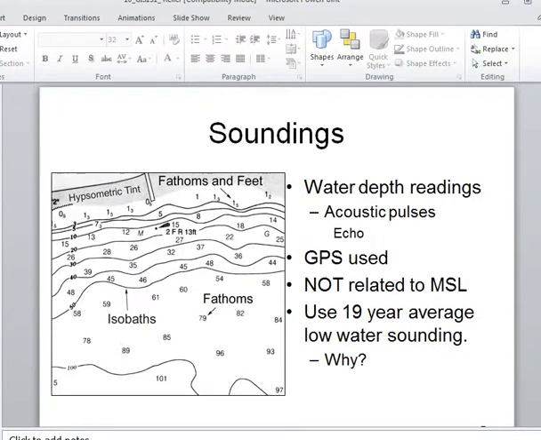So if I go back, this line is an isobath, and in theory, if I were able to walk along this line, I would be at a constant 50 fathoms below the low sea level. Okay, it would almost be like walking a flat terrain, right? I would not gain or lose any elevation along that line.